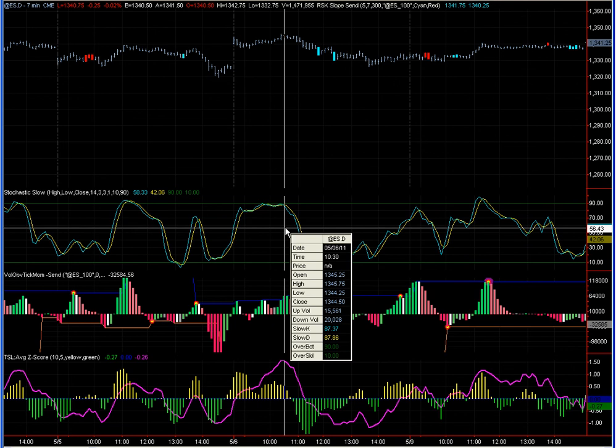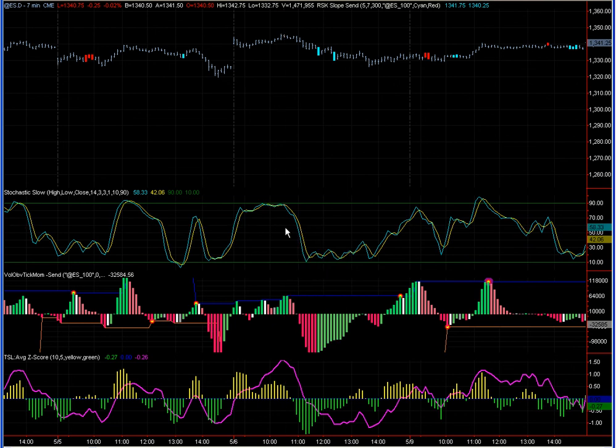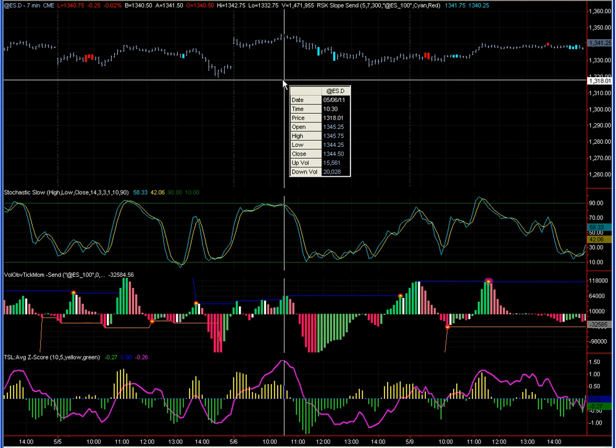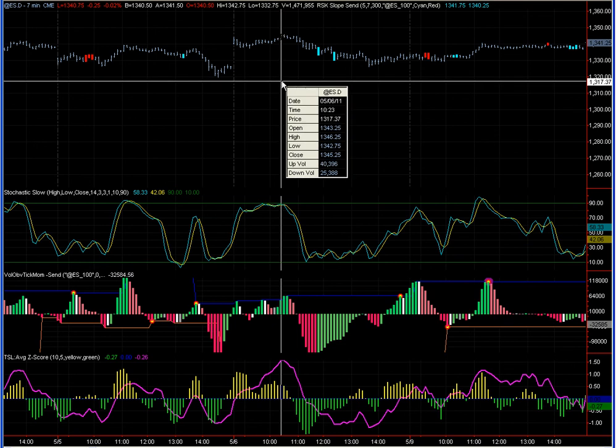Good for him. His best case scenario, he gets in at 1346. Now that's not likely, but we'll just give him the benefit of the doubt.